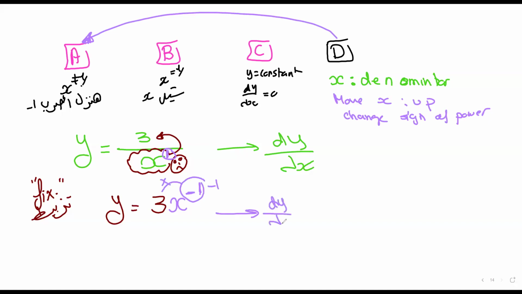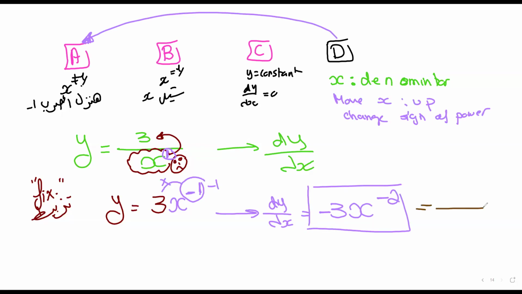Your differentiation is negative 1 times 3, which is negative 3, and you must write the power as minus 1 minus 1, which is negative 2. If you wish to change it back to positive, you can do that. Negative 3 remains as it is, over 1, and to make the power positive again, move it back down.